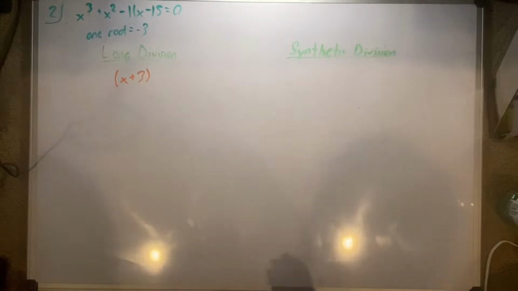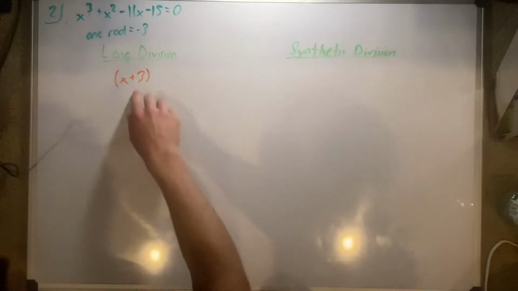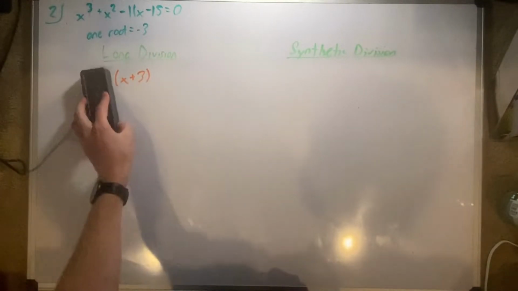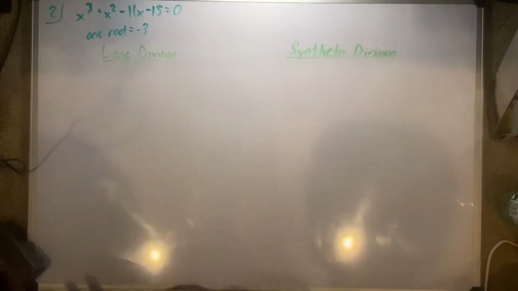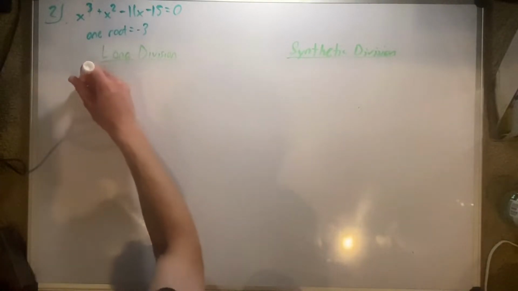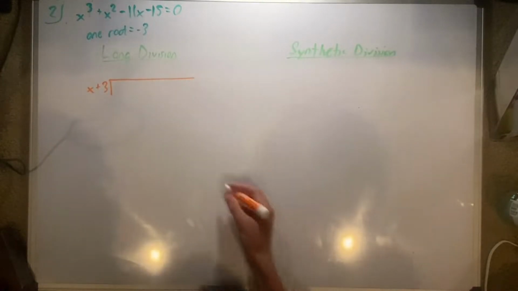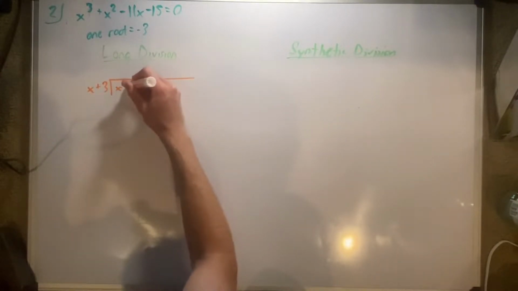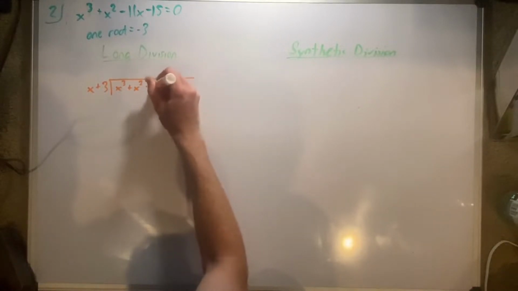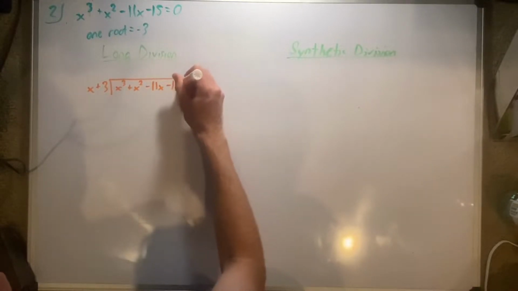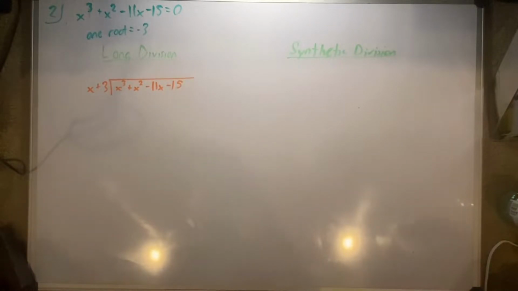So this has to be a plus. It's the opposite of the sign of the root it gives us. So that's what we're going to divide by, x plus 3. So we're going to put x plus 3 on the outside, and then our whole thing on the inside. Okay? And now we will just go ahead and solve.